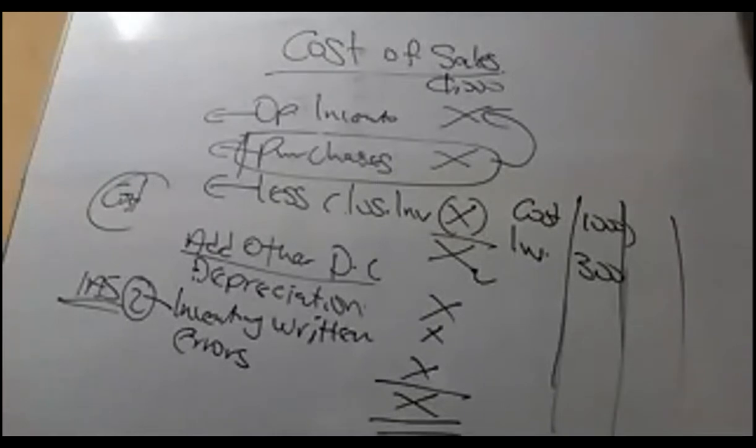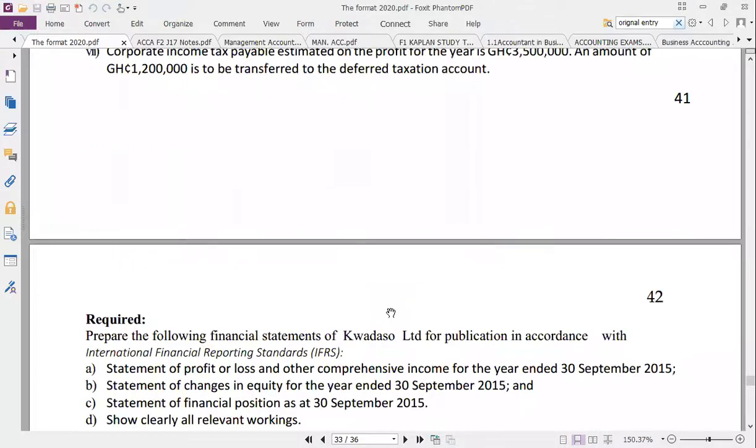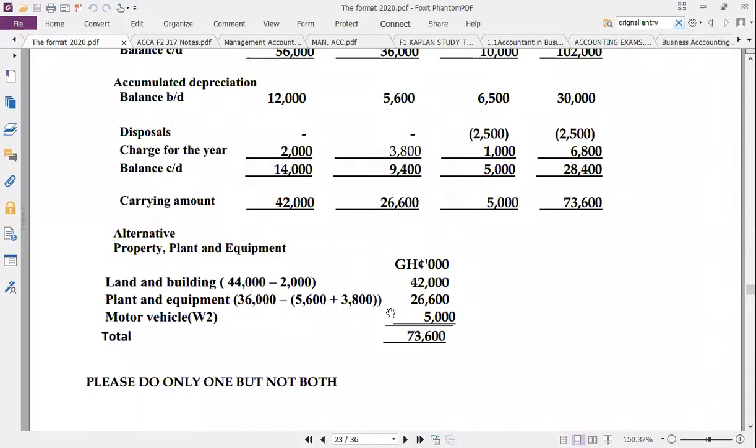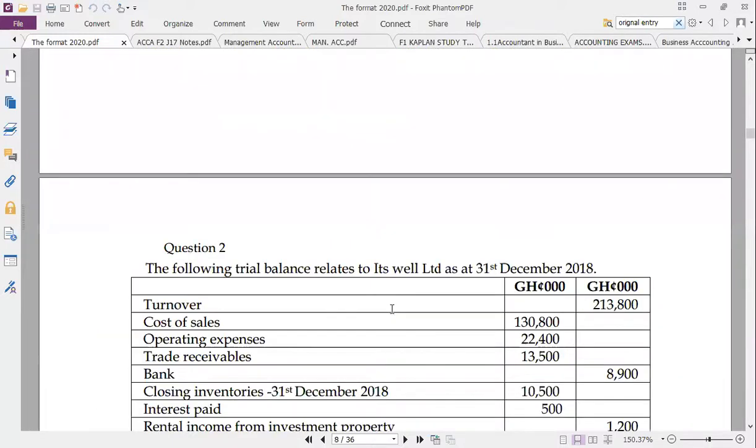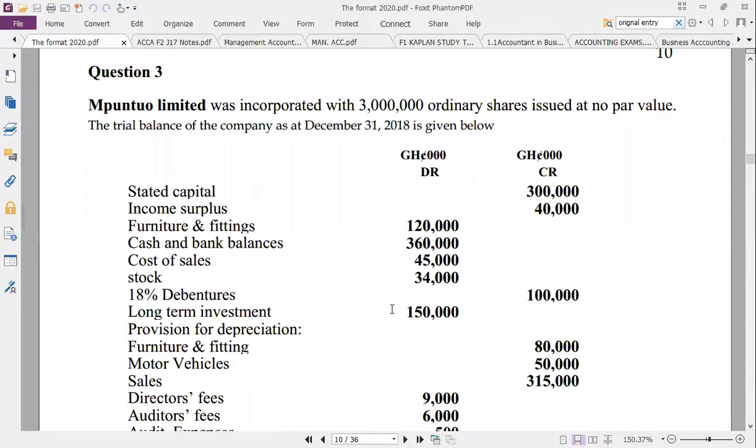The most popular one is the other section where you see the cost of sales in the trial balance, like the one that we are doing. But the examiner just said cost of sales and stock.